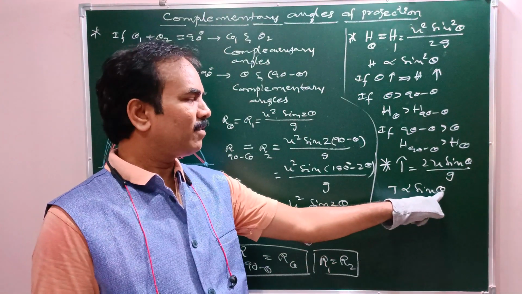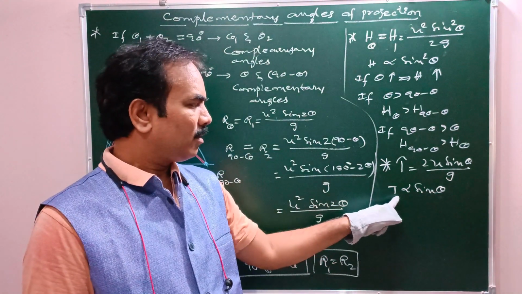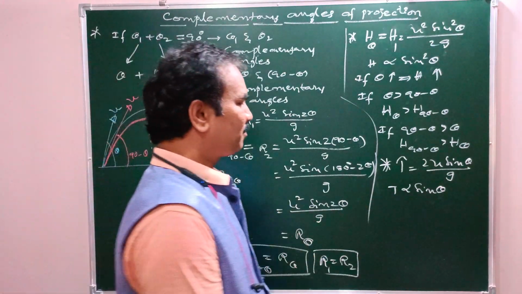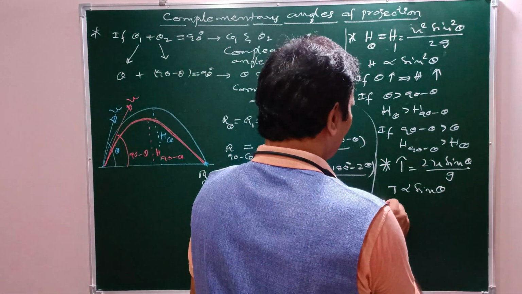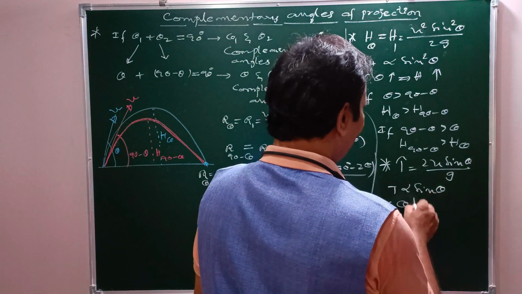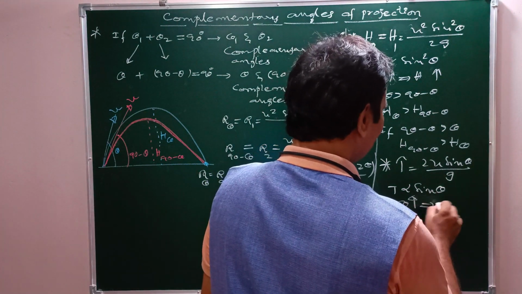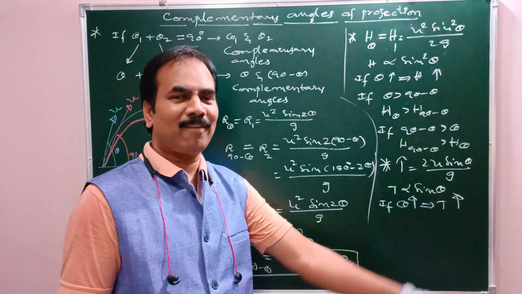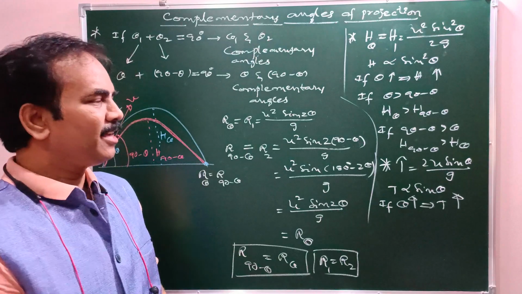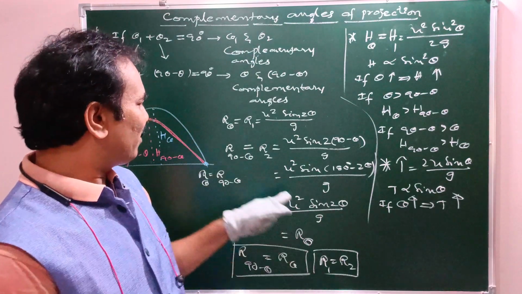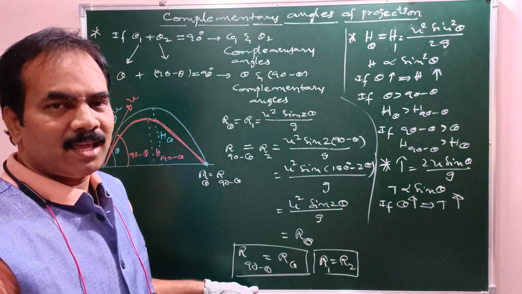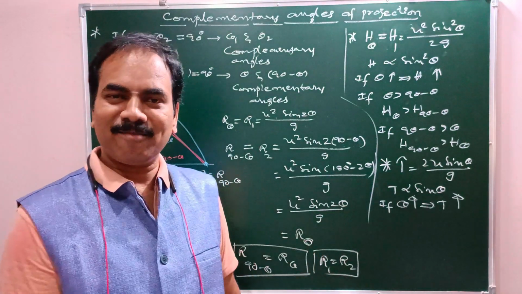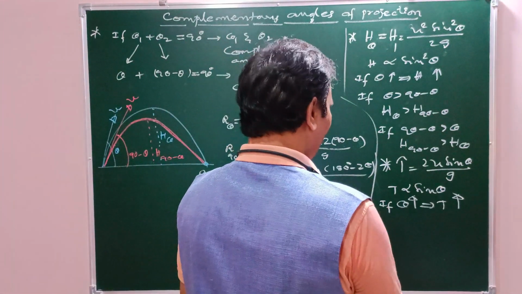Here also, if theta increases, sin theta increases, which implies that T also increases. So if theta increases, the time period, meaning the time of flight, also increases. Am I right? Now between theta and 90 minus theta, if theta is greater than 90 minus theta, then T at theta is greater than T at 90 minus theta.